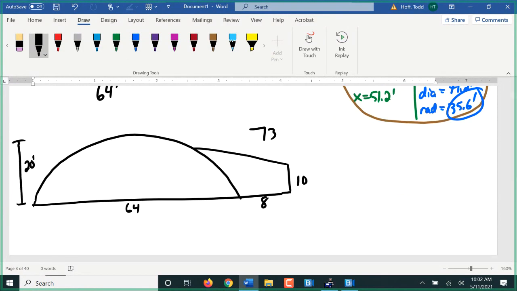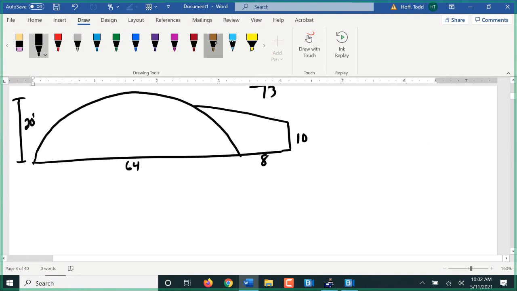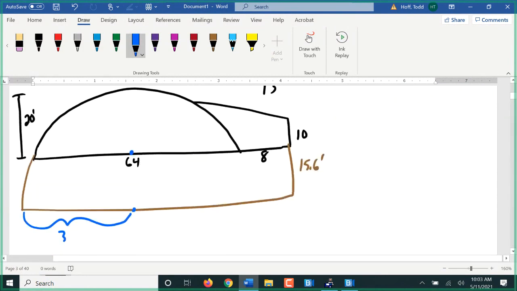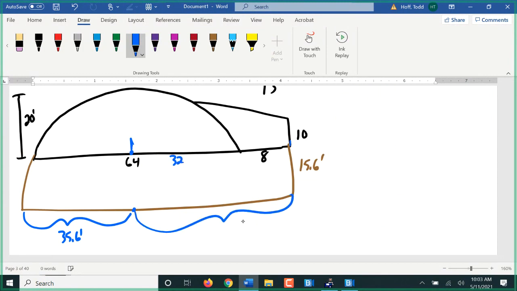It's already 20 feet, so to get to 35.6, we have to come down here 15.6 feet. So the center of this comes straight down, although this is going to get extended out to here. This now becomes that 35.6. From here all the way out, though, is still just the 32 plus 8, so that's still just 40 feet here.